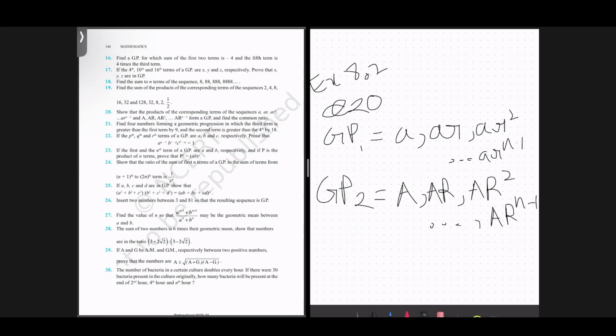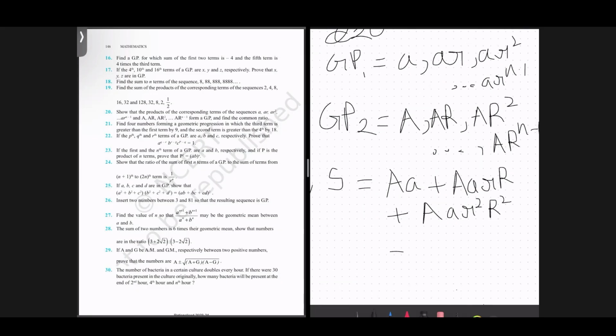So the sequence that is obtained by multiplying the corresponding terms of these two GPs is going to be something like small a capital A, plus, and lastly, the last term would be a capital A, small r raised to the power n minus 1, capital R raised to the power n minus 1.